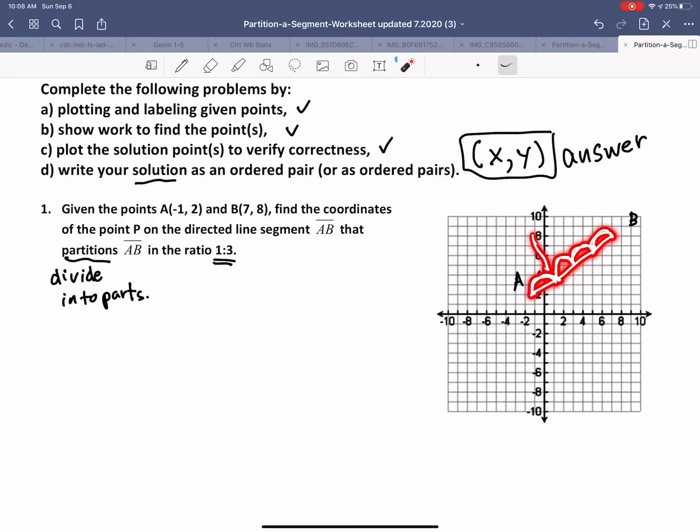If I go 1 unit with 3 left to go, that's going to be 4. If you watched the formula video, they consider the first number a and the second b. To find the total parts, I just add those together, a plus b. So a journey of 1:3 means cut the journey into 4 equal parts.